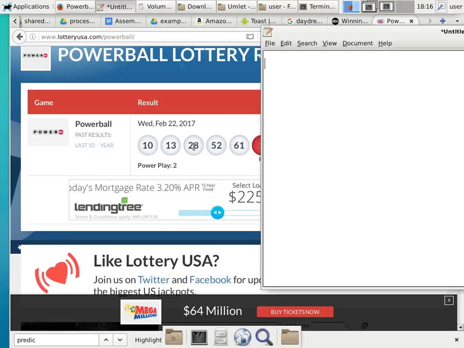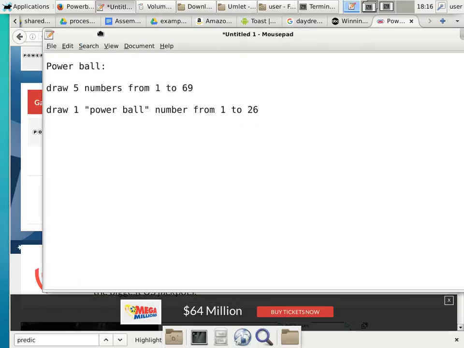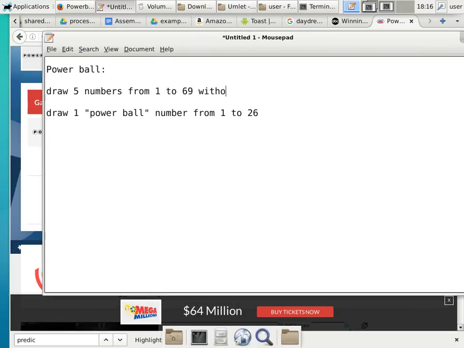So the Powerball game is basically draw 5 numbers from 1 to 69, and then draw one single, what they call Powerball number, from 1 to 26. And the important part here is "without replacement." I'll put this in double quotes because that is actually important. Okay, so these are the rules of this game.